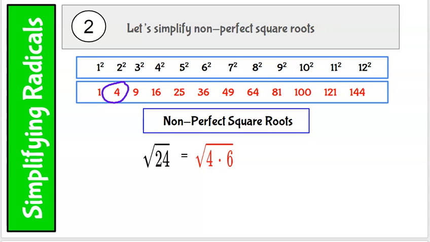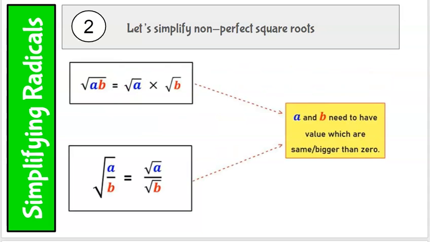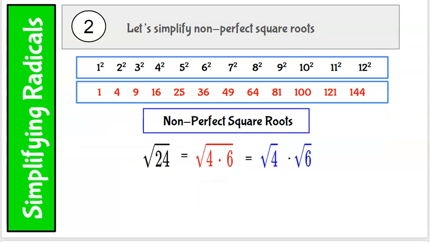Now we're going to look at another rule like the quotient rule we looked at a while ago. We also have what's called the product rule, which just states that if I have two numbers multiplied together under the radical, I can separate those out and give them each their own radical. So let's do that. We're going to separate the 4 and the 6 out, give them their own radical, and now we'll evaluate each one of them separately.